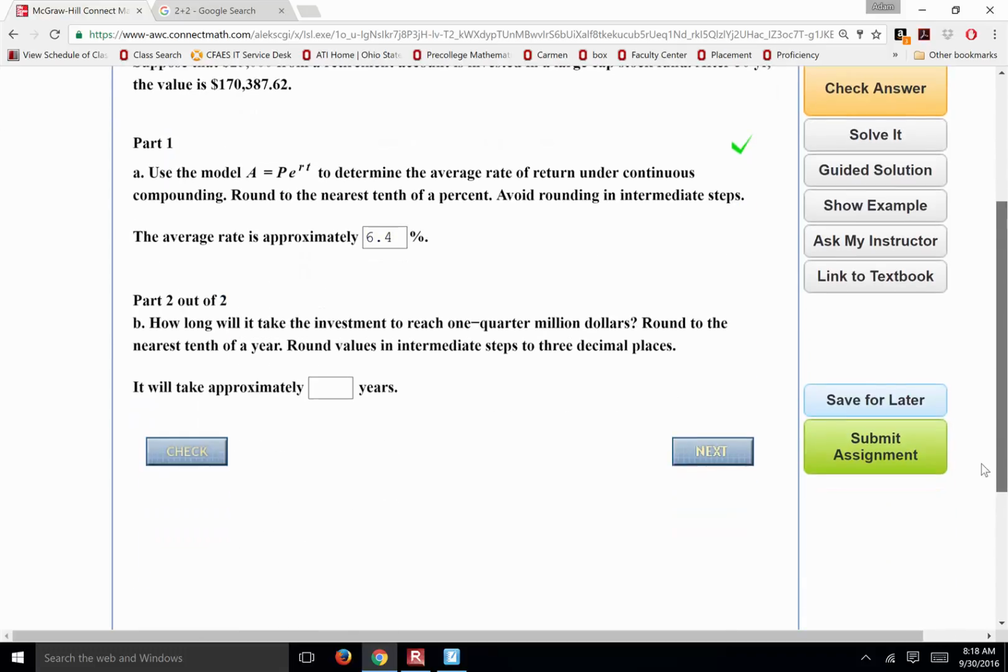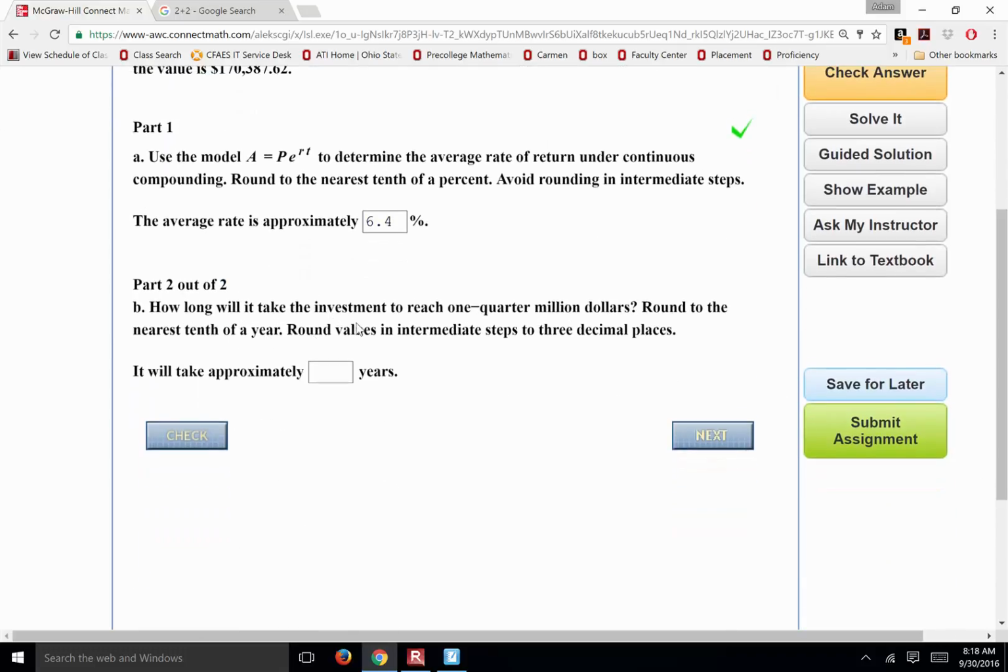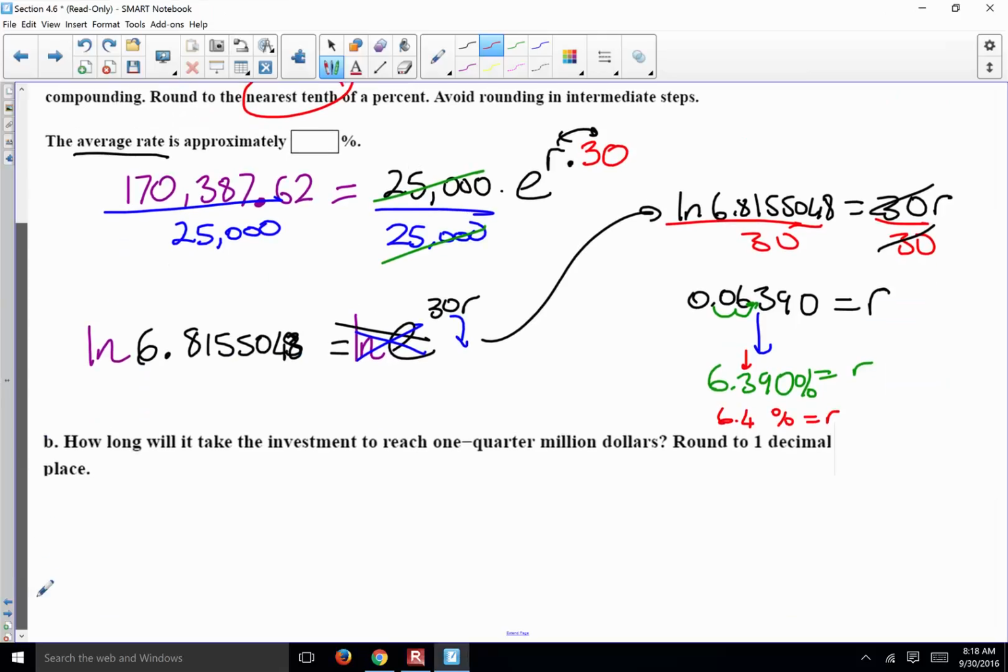Alright, next part is how long will it take for this money to reach $250,000. So this time the question is flipped. Look, always start with marking what's given here. This time we already know the rate.